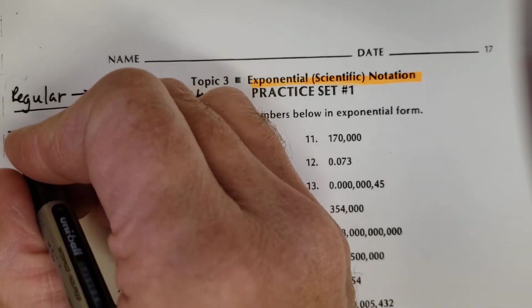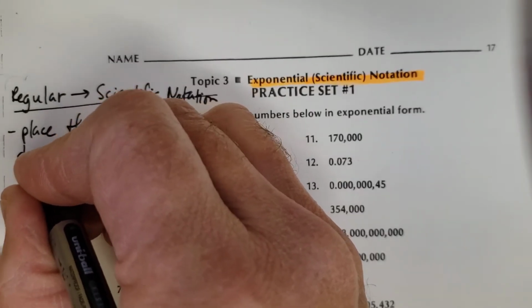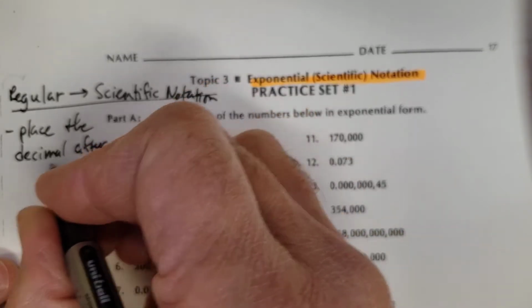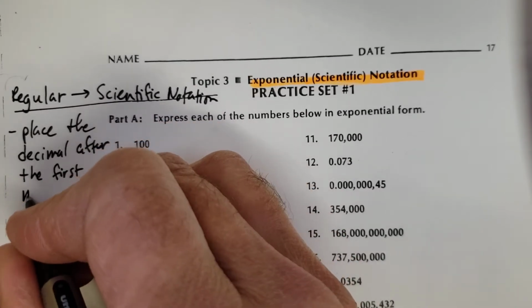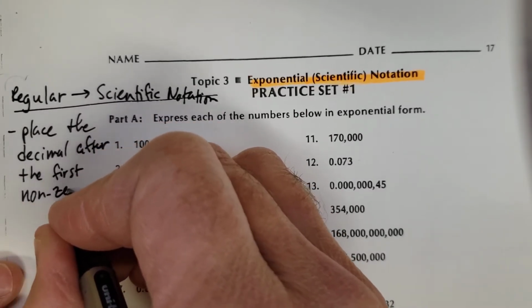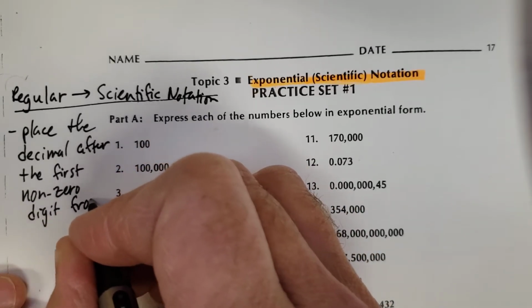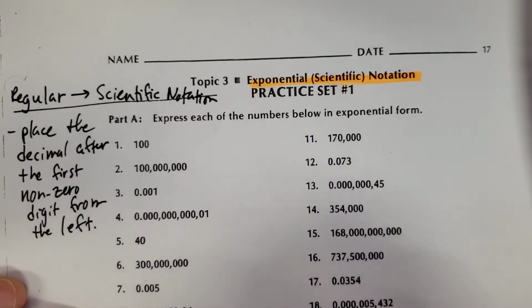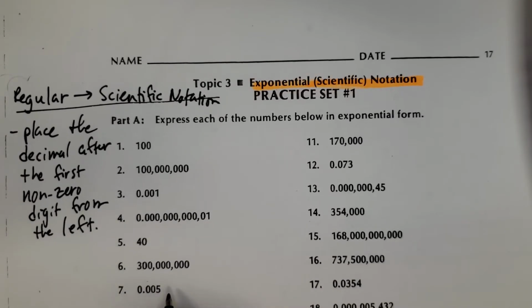So the first step is place the decimal after the first non-zero digit from the left. Okay, so going from left to right, we can put this decimal after the first non-zero digit.